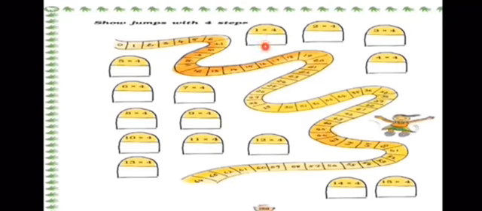So 4 1s are 4, 4 2s are 8, then 4 3s are 12, then 4 4s are 16, then 4 5s are 20, then 4 6s are 24, 4 7s are 28, 4 8s are 32, 4 9s are 36, 4 10s are 40, 4 11s are 44, 4 12s are 48, 4 13s are 52, 4 14s are 56 and 4 15s are 60.